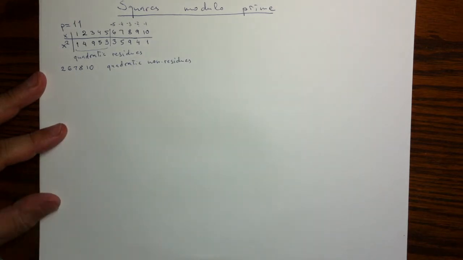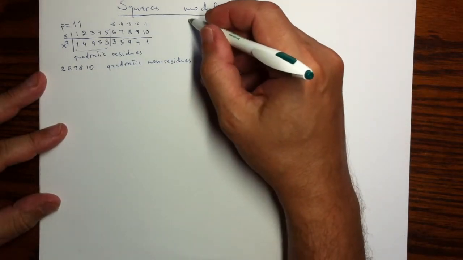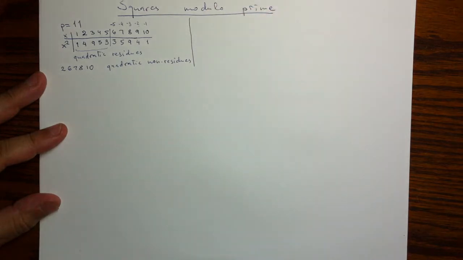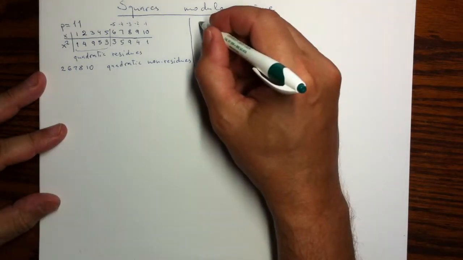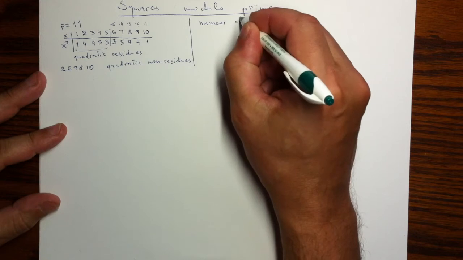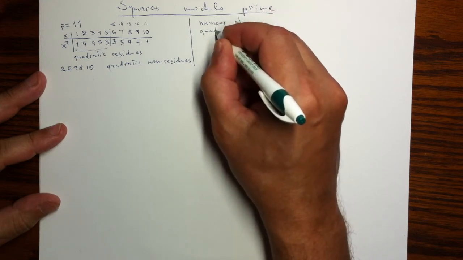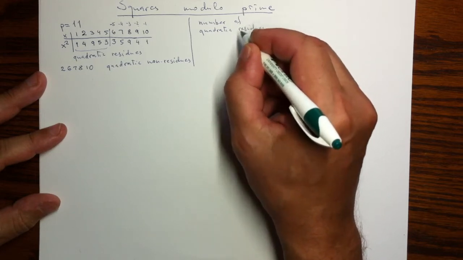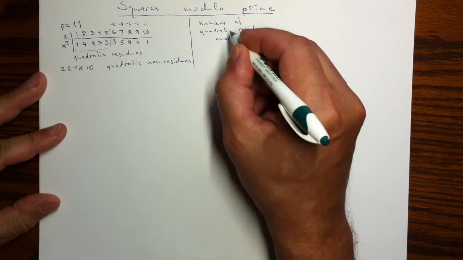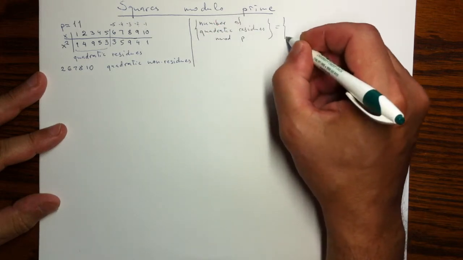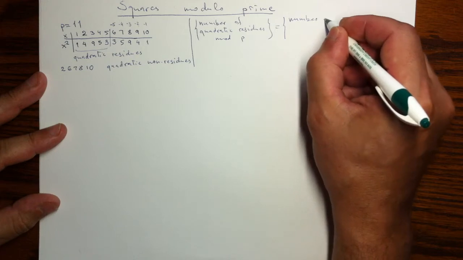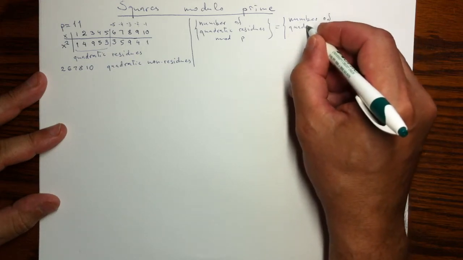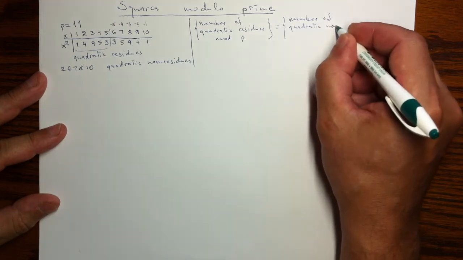And again, a clear pattern: there is an equal number of quadratic residues and quadratic non-residues. This is, of course, not a coincidence. This is a general behavior, a general pattern. For any prime, the number of quadratic residues modulo a prime is equal to the number of quadratic non-residues.